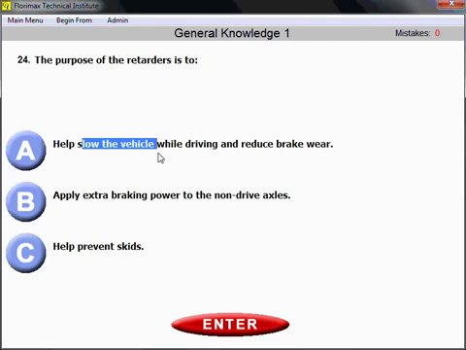You are not asked about the specific types of retarders; as a driver, you don't have to know it. But you need to remember that retarders help slow the vehicle and reduce brake wear. That's the advantage. There are disadvantages of the retarder, but in the following questions you will learn them also. Here you just remember, the purpose of retarders is to slow the vehicle and reduce brake wear.